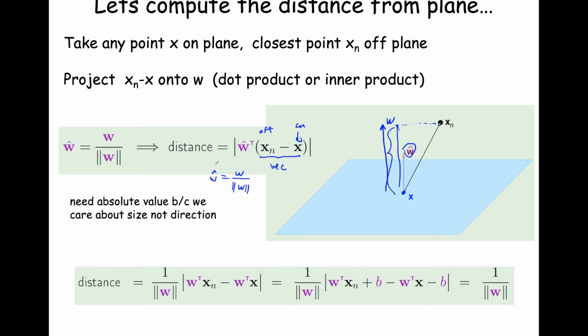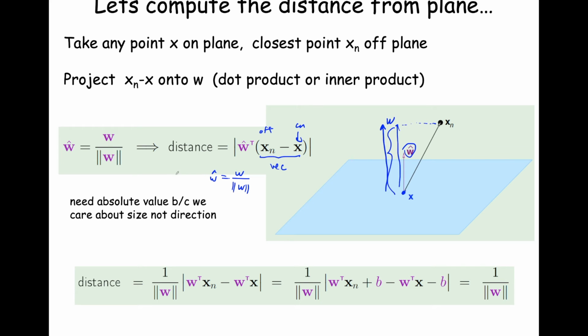All right, so now we take that inner product and we get w hat transpose times that quantity xn minus x. And that's the distance that xn makes to the hyperplane. It is the distance of the closest point, because by our convention, xn is the closest off-plane point to the hyperplane.